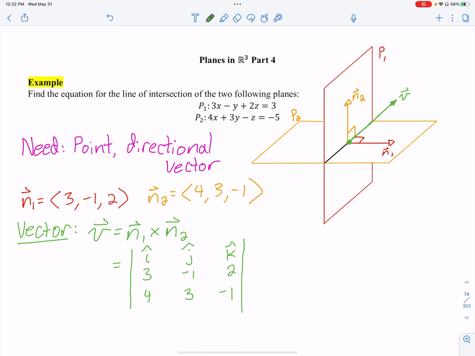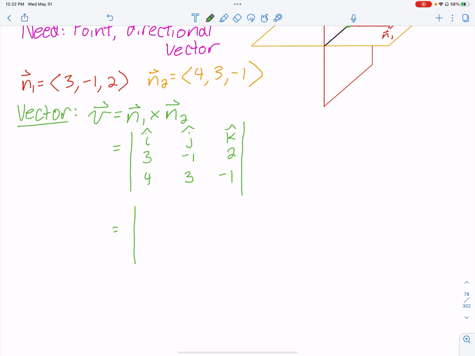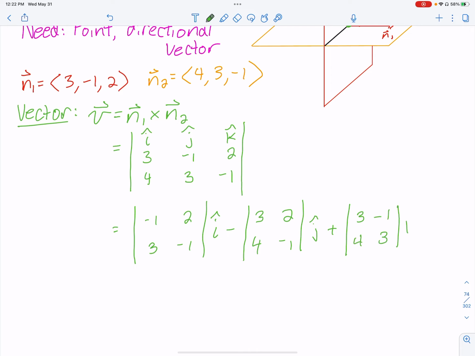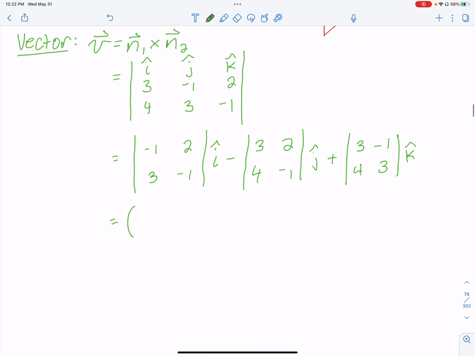Okay, let's set this up. I'm going to go down to have more room. Cover up the i column, write down the rest: i. Minus, cover up the j column, write down the rest: that's j. Plus, and then cover up the k column, write down the rest: and that is k. All right, so I use my normal determinant now.